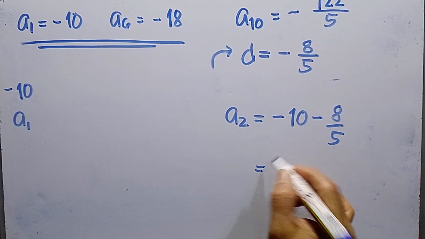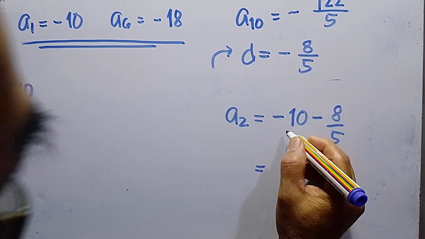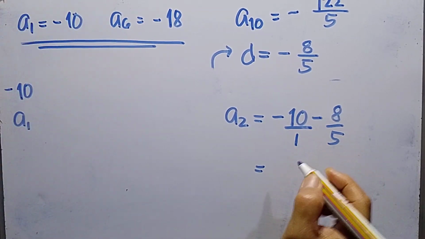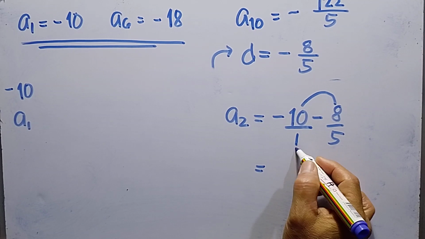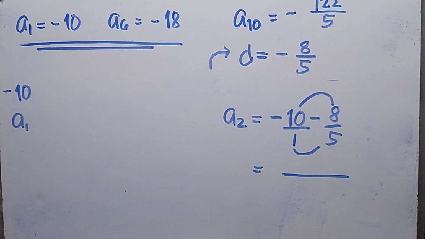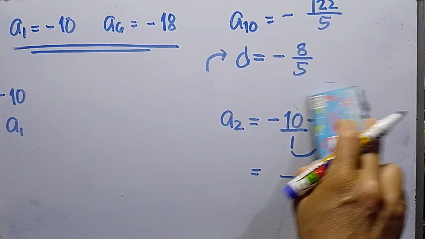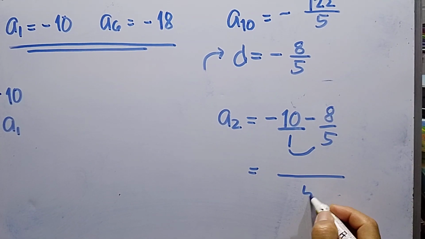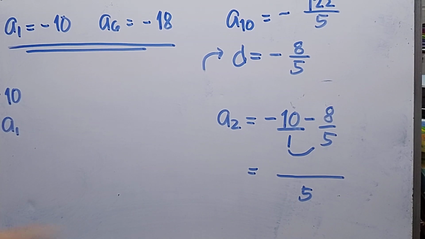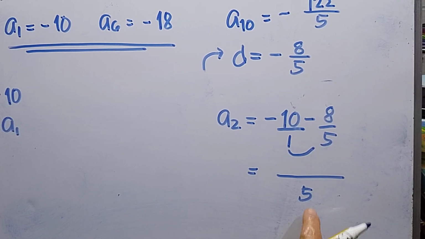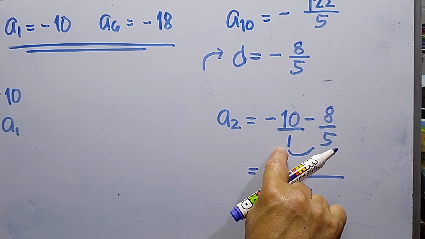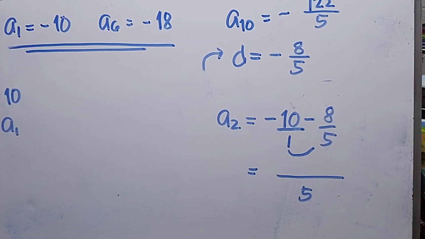So how do I solve this fraction without using a calculator? So this will be over 1. No, sorry, I made a mistake, it should be 5. This is my LCD since these are similar fractions. So 5 divided by 1 is 5 times negative 10.